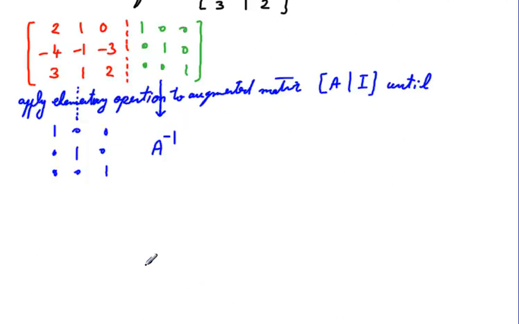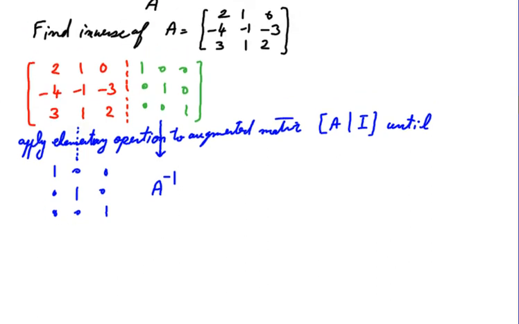Okay, now let's go ahead and do that. Remember that we are trying to reach this form. That is, there will be ones on the diagonal and zeros elsewhere. Now there are always many choices as to which of these operations to carry out first.